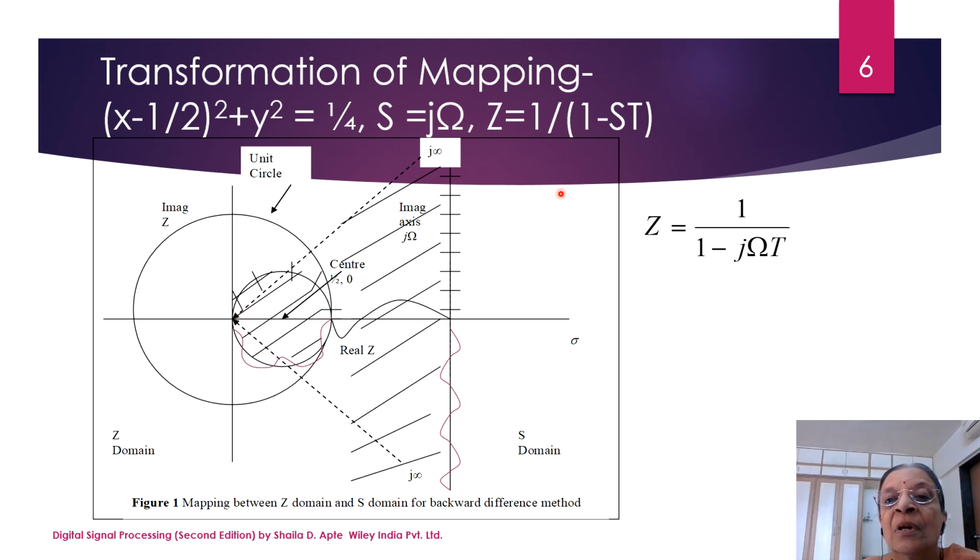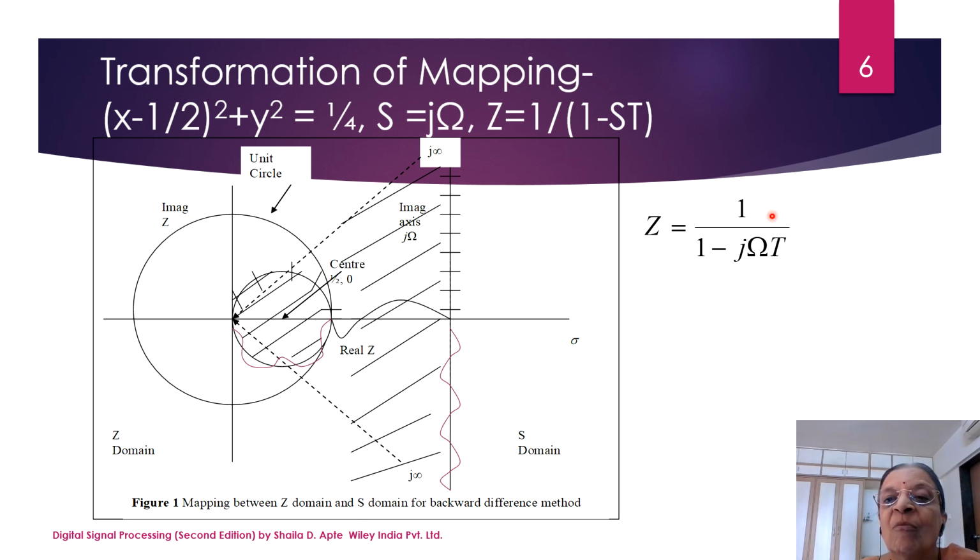See how this is. I am putting S is equal to j omega and S is equal to j infinity. So this is j infinity, 1 upon 1 minus j infinity. So 1 upon j infinity divided by 1 upon j infinity minus 1 it will be. So 1 upon j infinity tends to 0, 0 upon 1 minus 1, minus 0.